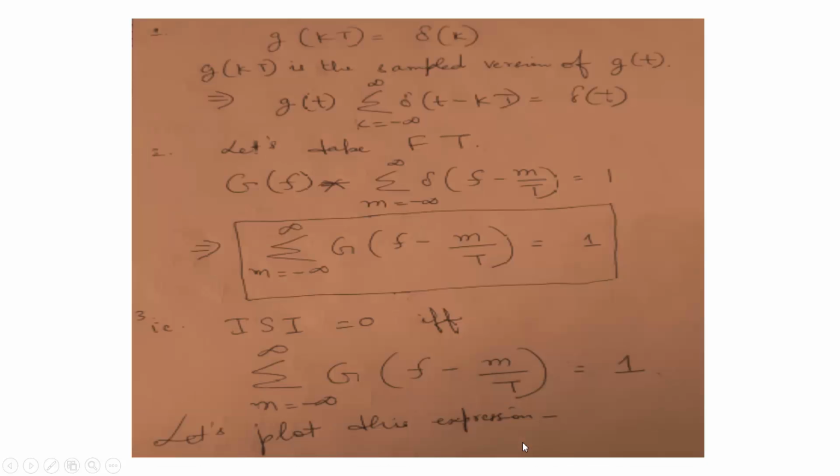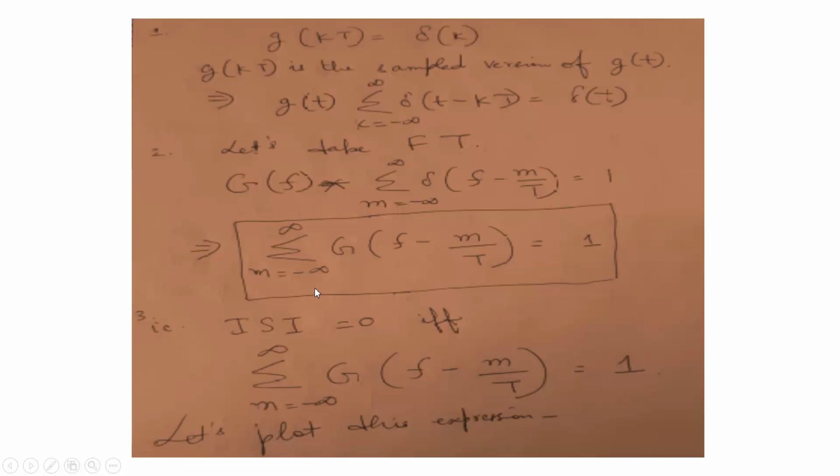And this is true if and only if g(kT) is a delta sequence. When this is a delta sequence, then there will be only one non-zero sample, and all other samples will be zero. So I can say that g(kT) equals delta k.